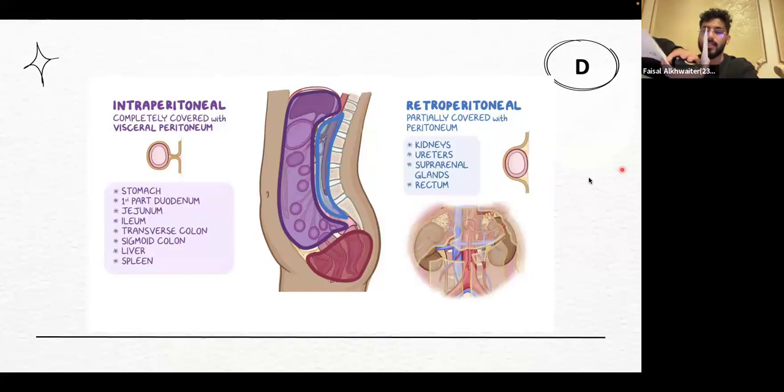It's like this. You guys understand the difference now? You can see it here. The organ is pushed into the wall, while the peritoneum is not fully covering it. It's just covering it partially. But this is intraperitoneal. It's covered from all sides.